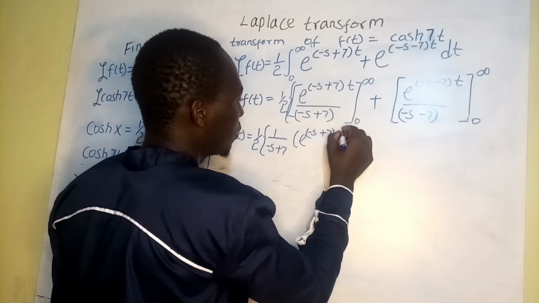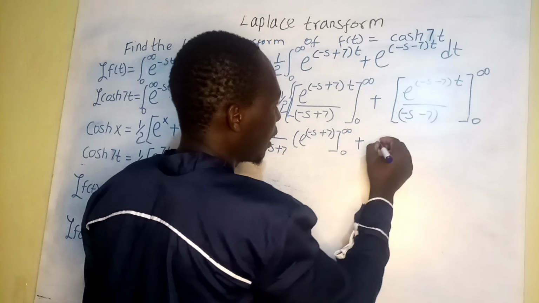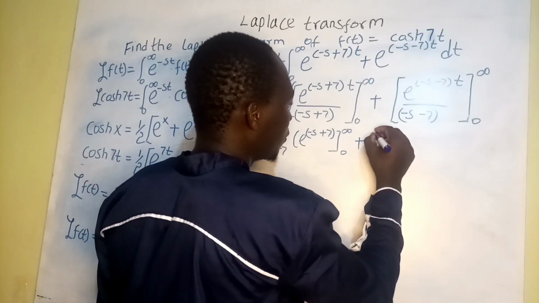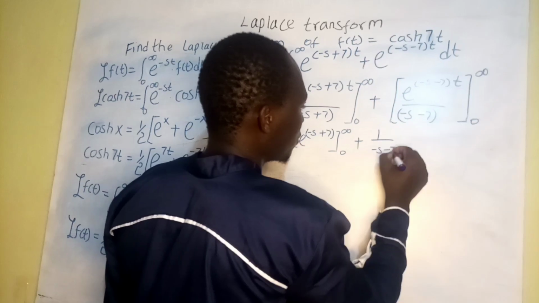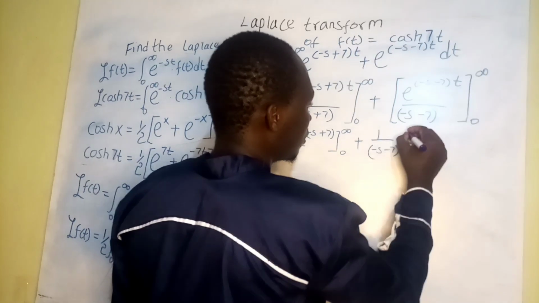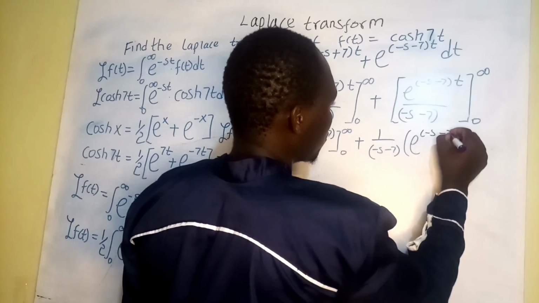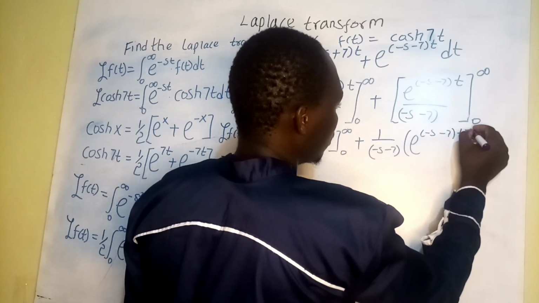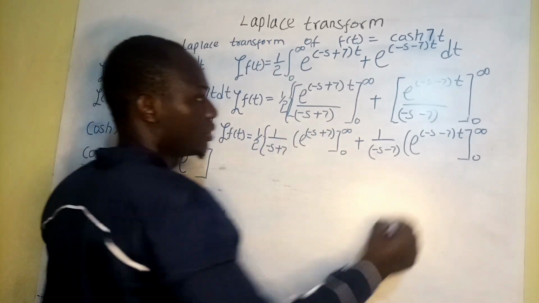And here we are going to have our limits. We come and add 2. On this side we are going to have 1 all over negative of s minus 7. We multiply by exponential negative s minus 7 t. And here we have our limits.